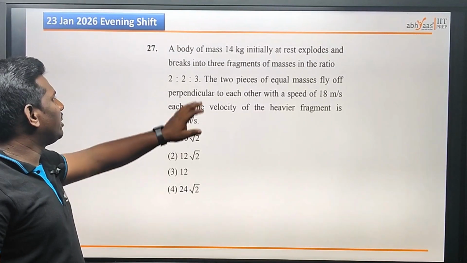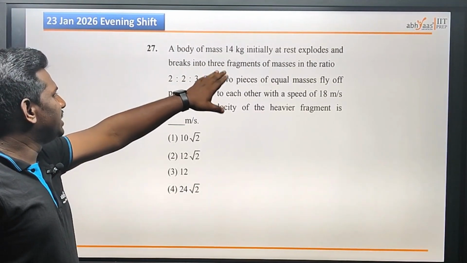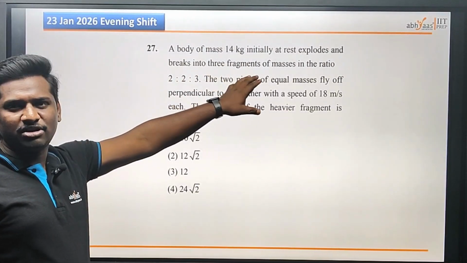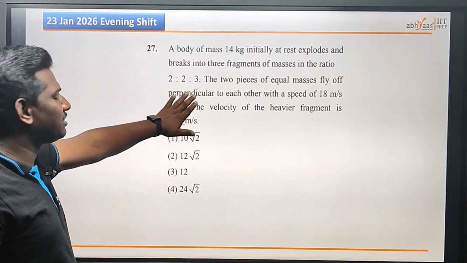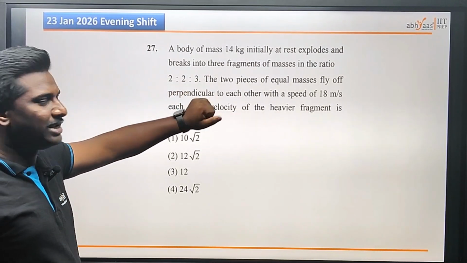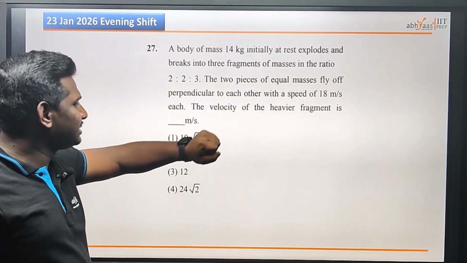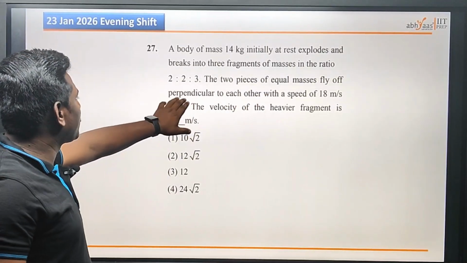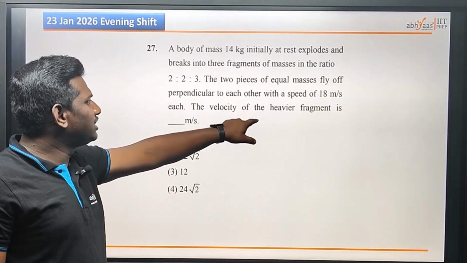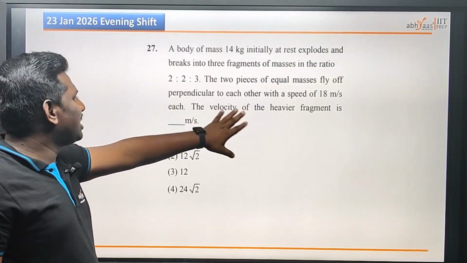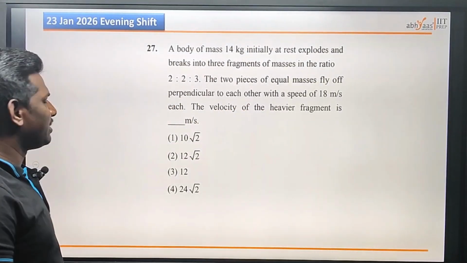27. A body of mass 14 kg initially at rest explodes into 3 fragments of masses in the ratio 2:3. That is the ratio of masses. 2 pieces of equal masses fly off perpendicular to each other with the speed of 18 meter per second. Then the velocity of the heavier fragment.